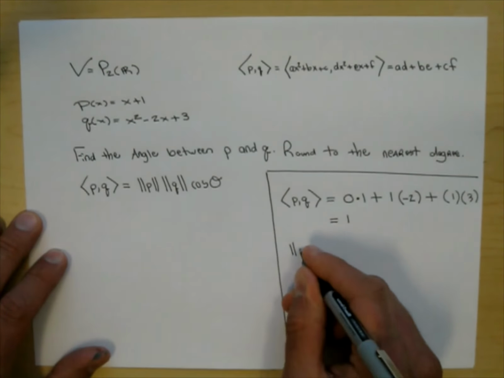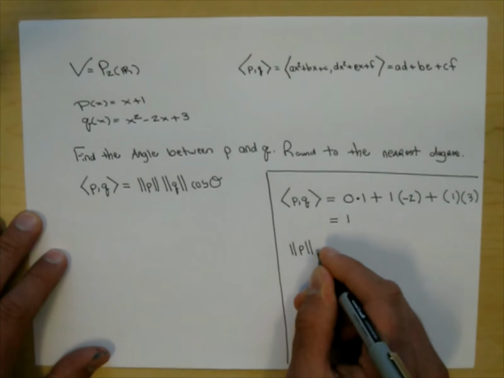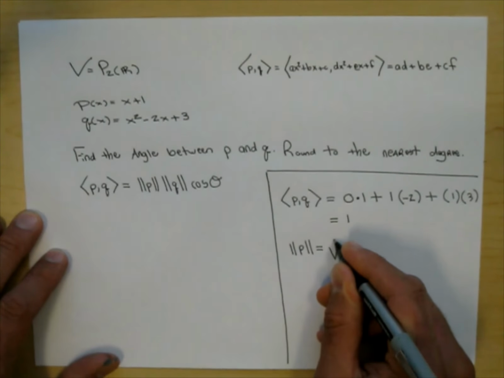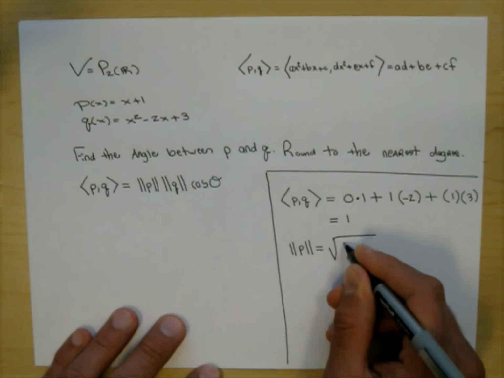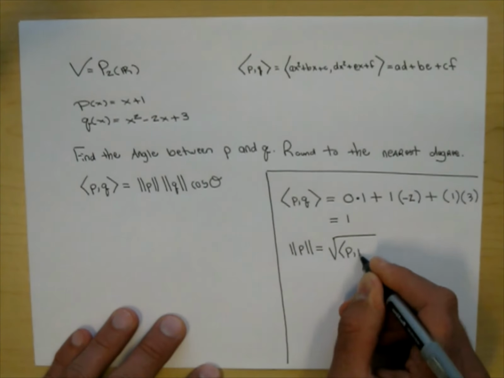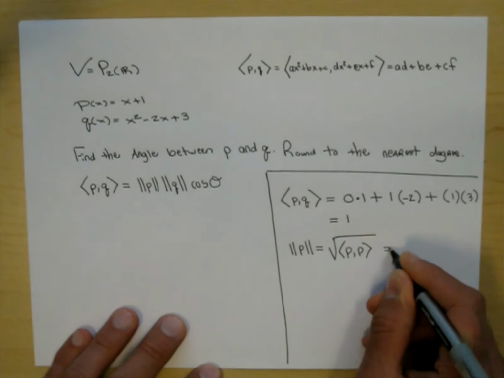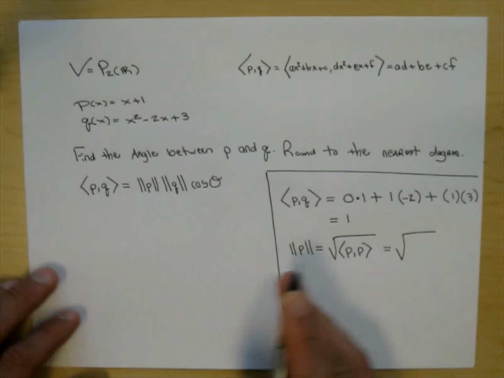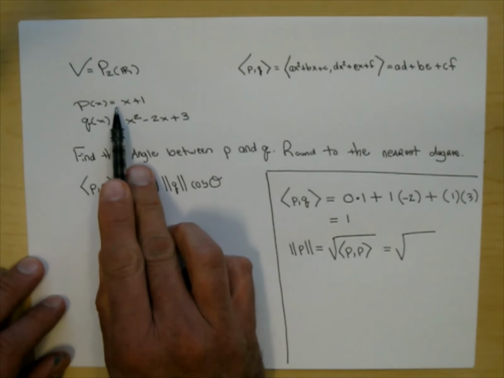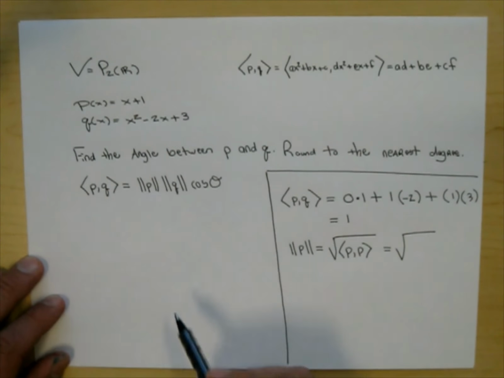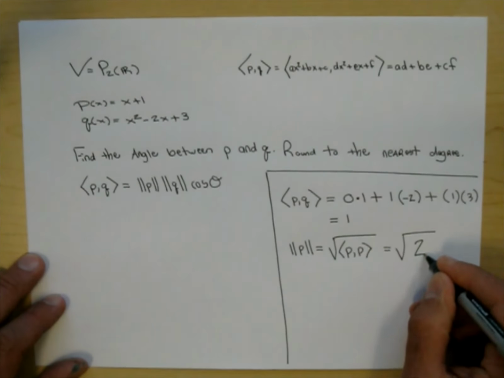Okay, I want to find the length of P. This is going to be the square root of the inner product of P with itself. So I have 0 squared plus 1 squared plus 1 squared, so this is square root 2.